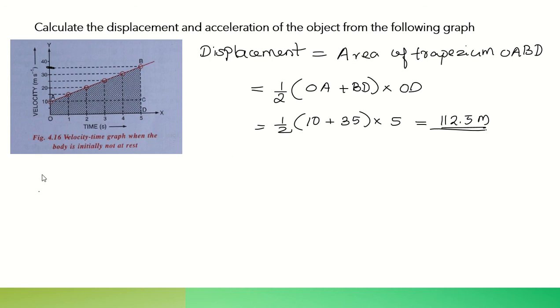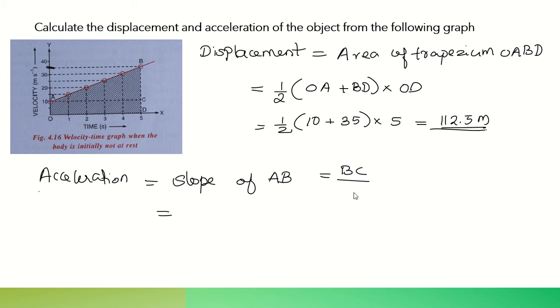Okay. Now acceleration. Acceleration is equal to slope of AB. Slope of AB is, any slope when you take, we have to take the y-intercept by x-intercept, that is equal to BC divided by AC, right? So BC, what is BC? BC is 35 minus 10.